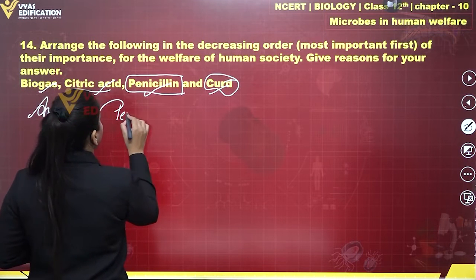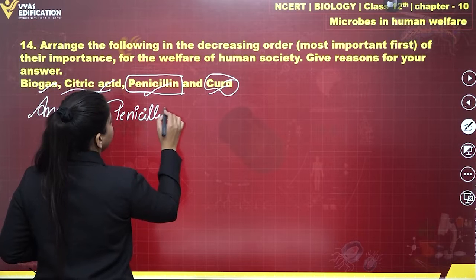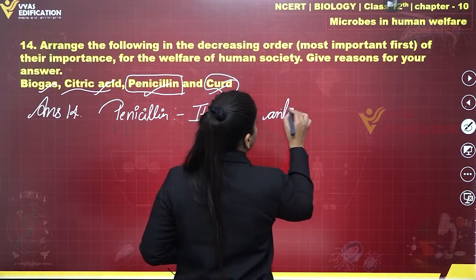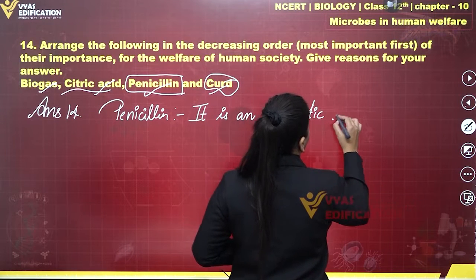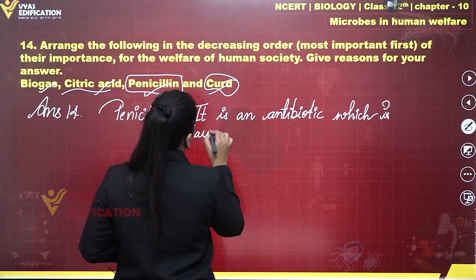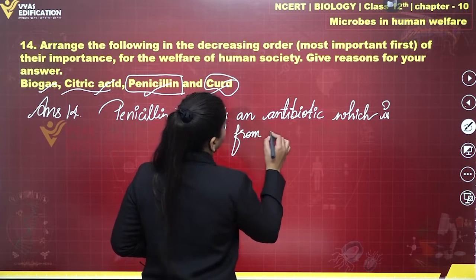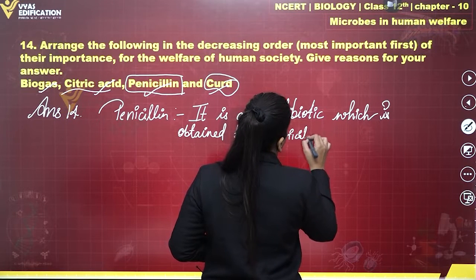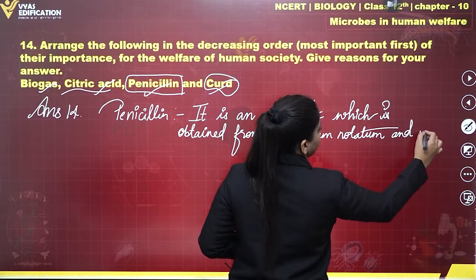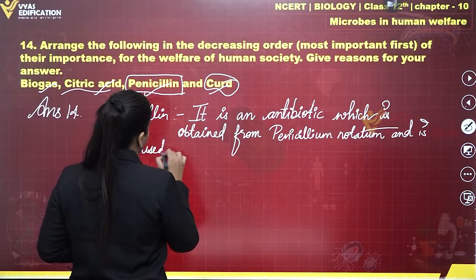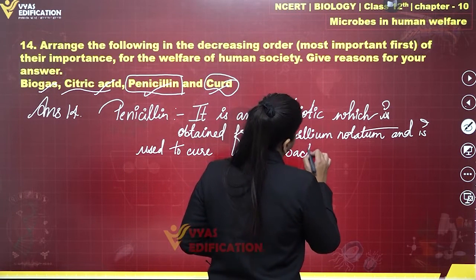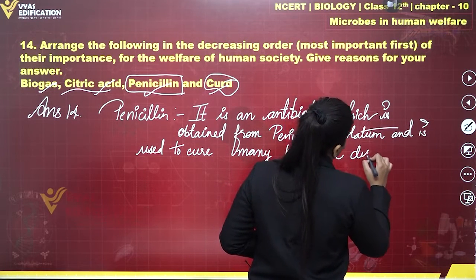The first one we will write about penicillin. So penicillin, it is an antibiotic which is obtained from Penicillium notatum and is used to cure many bacterial diseases.